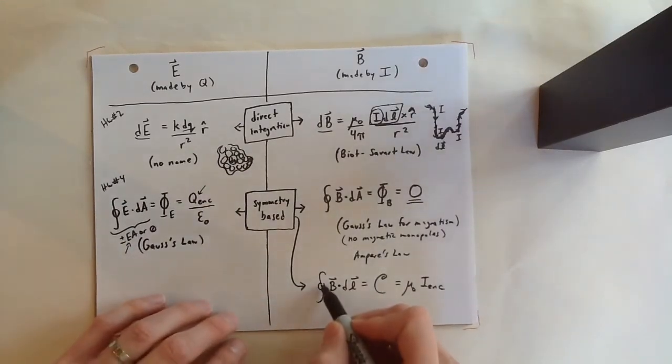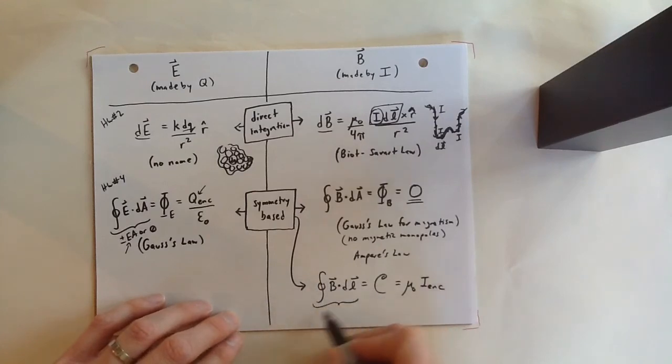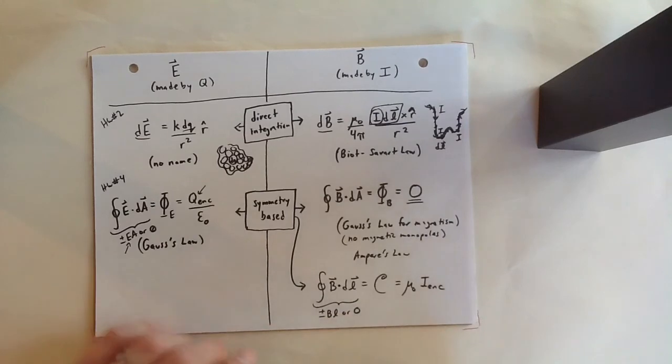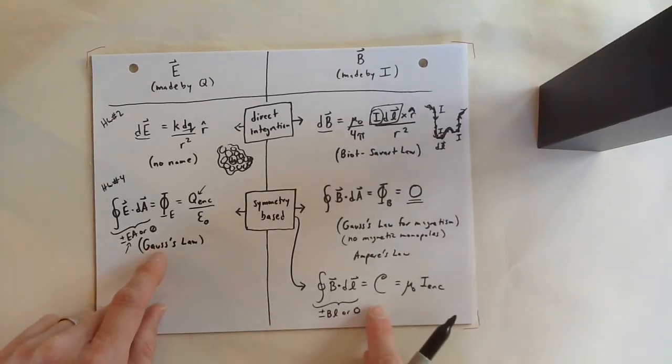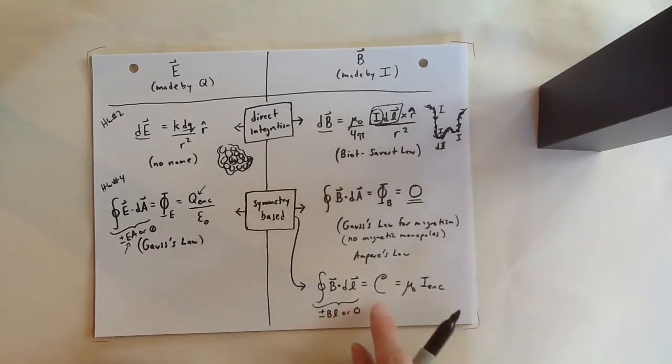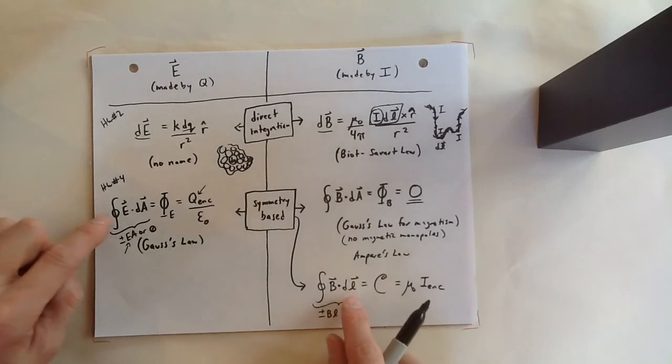And again, it's not that we really ever do this integral. We're going to try to do something very similar. We're only going to really want to use this law if there's some high degree of symmetry. So again, these laws are both symmetry-based. The only difference here is that this is asking what's the magnetic field's relationship along some closed loop instead of a closed surface.